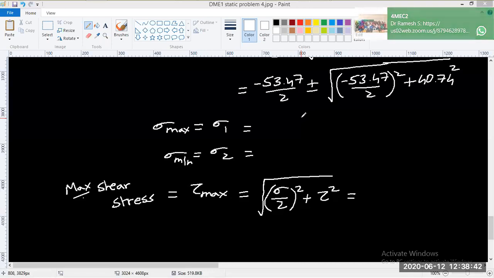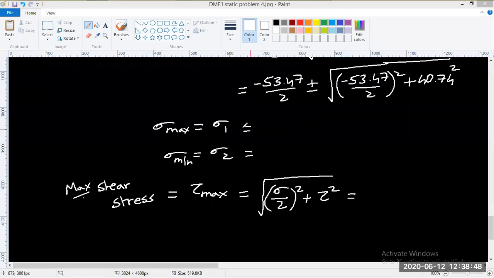Okay, so this time I've got my maximum stress as, let's check with the answer which I'm writing here. So I got 21.99, almost close to 22 Newtons per mm square.